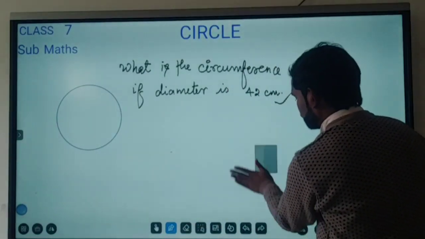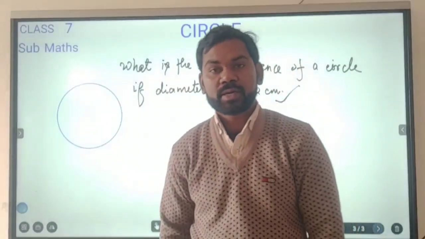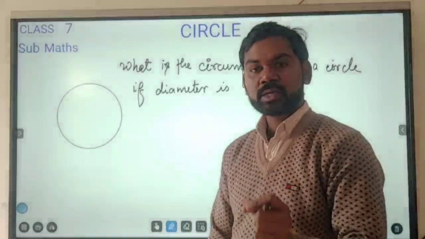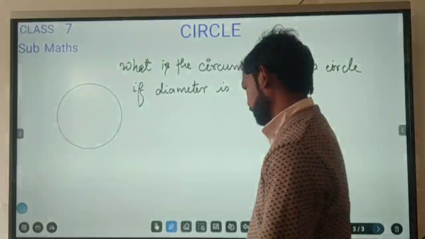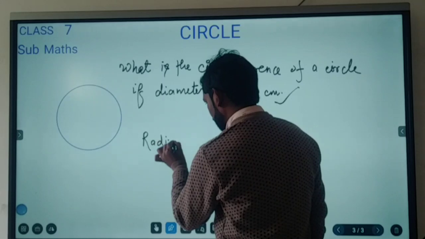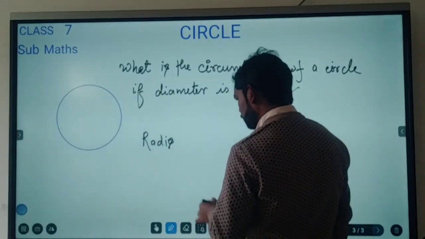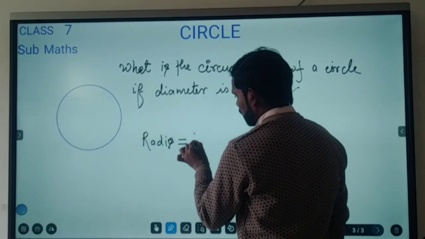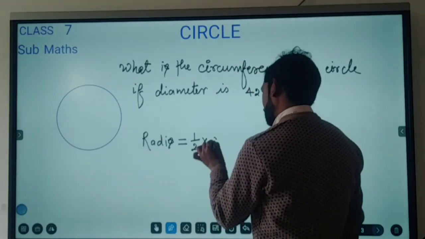As you know, the radius of a circle is always half of its diameter. Radius is equal to half of diameter.